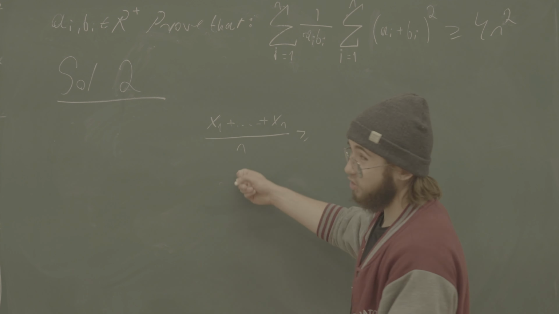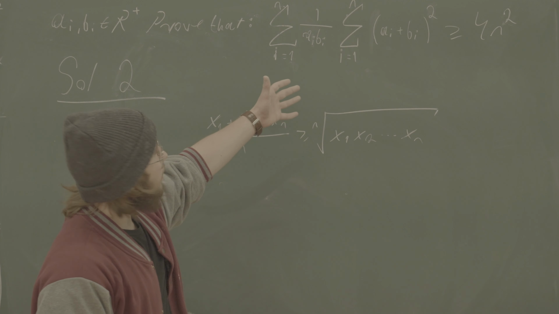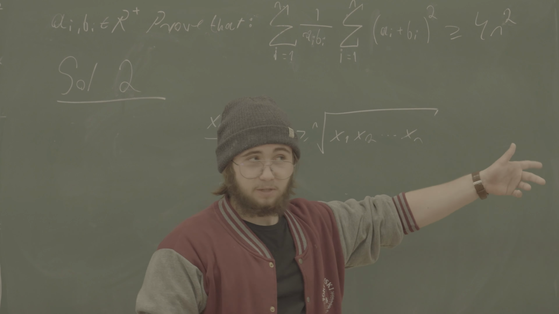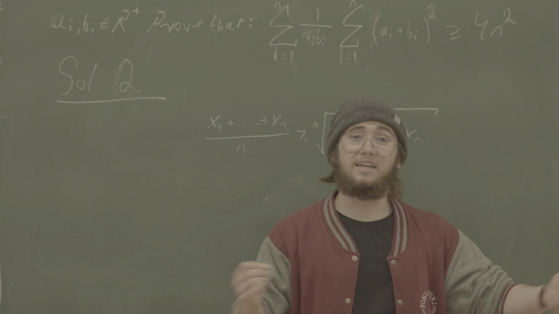How can we apply it to linking ai plus bi everything squared to ai times bi?